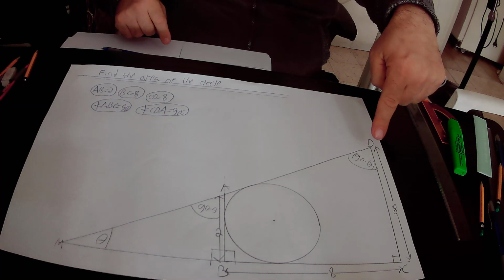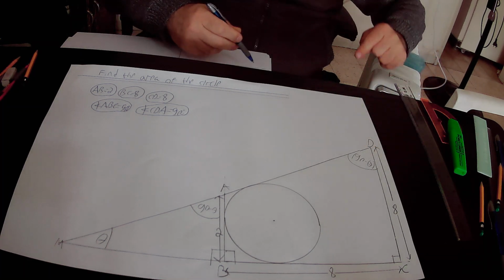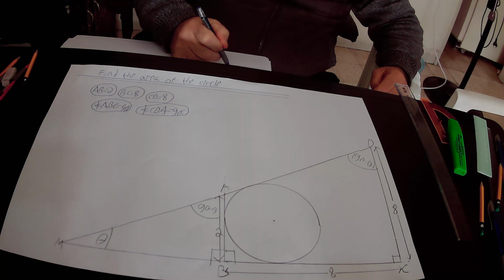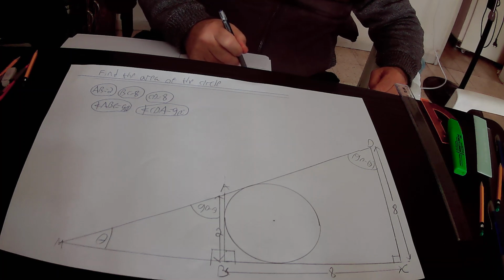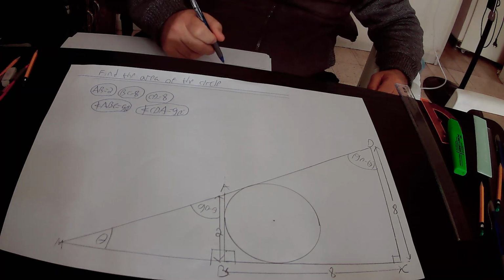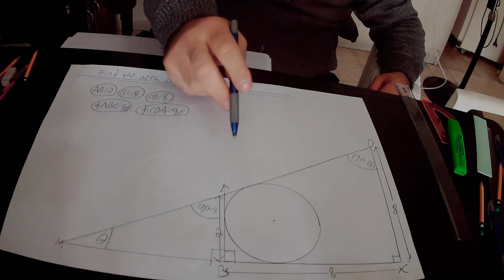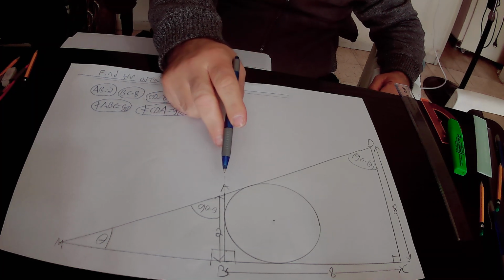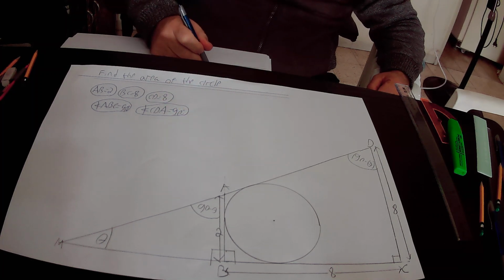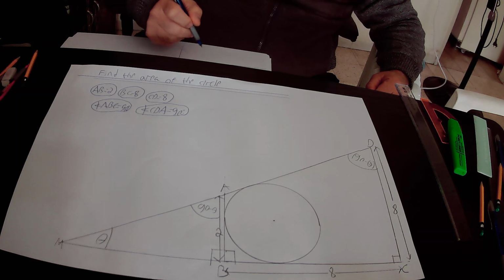So actually this is the angle MDC in the right big triangle CDM, and it equals this angle, that is actually angle MAB in the right small triangle MBA.